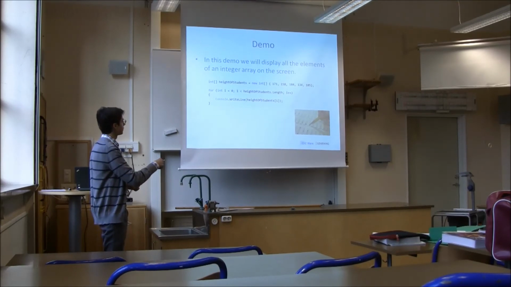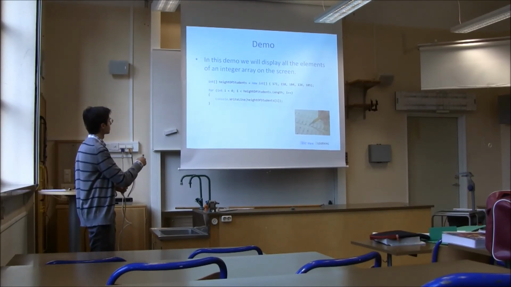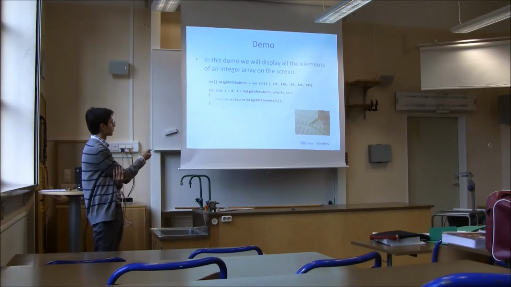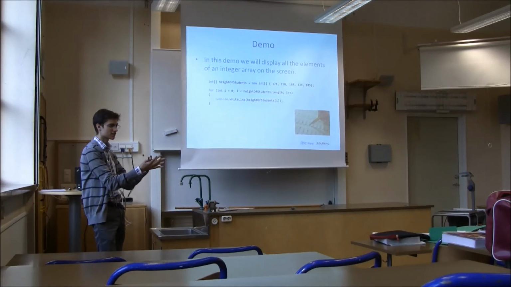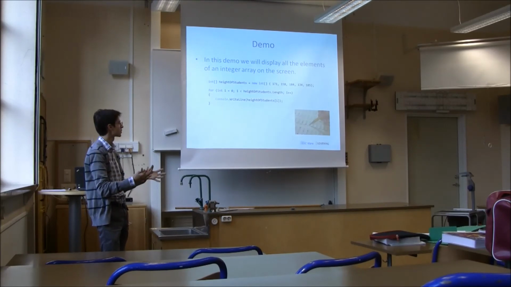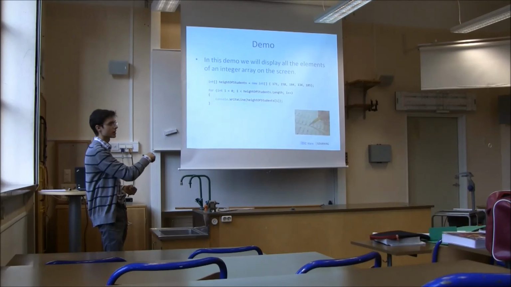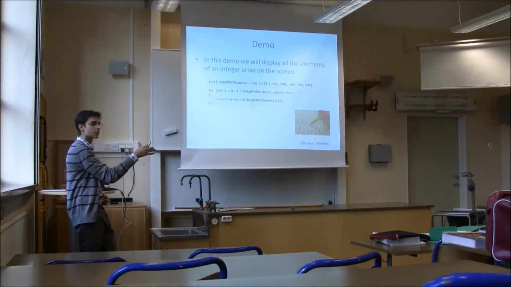Imagine that I had some code here that changed or added some values to this array. Then I want to display the new values to the user on the screen. The user can't see them because he doesn't have the source code of my program. He can't see what values I put into the array. So therefore, we need to print them out using a for loop. I can explain.